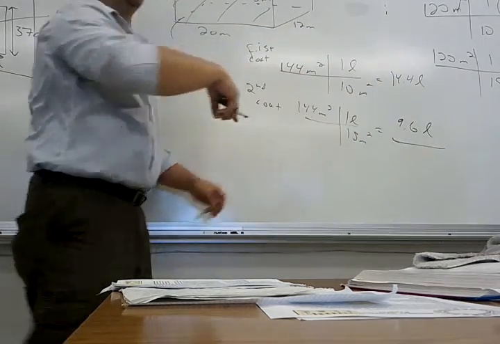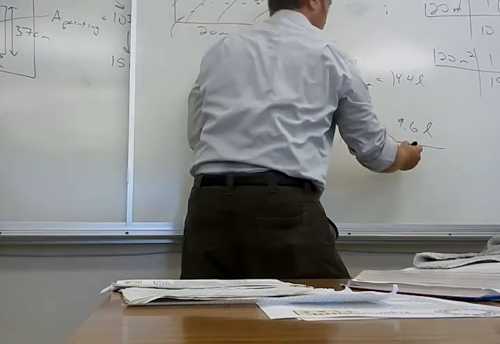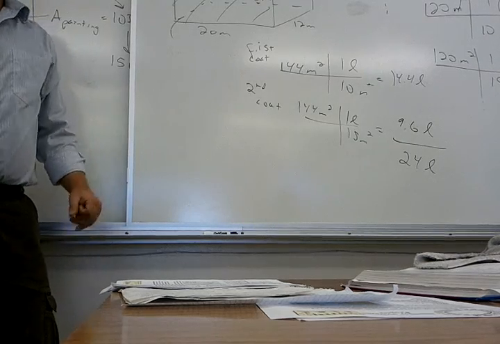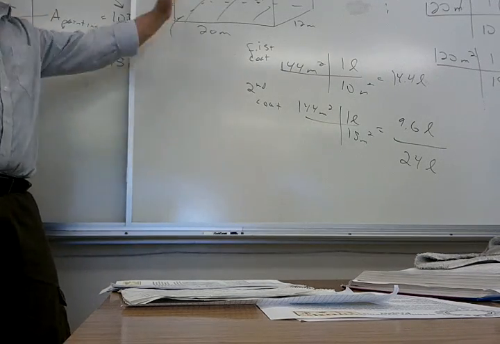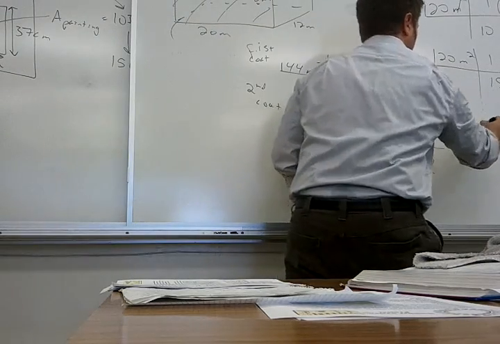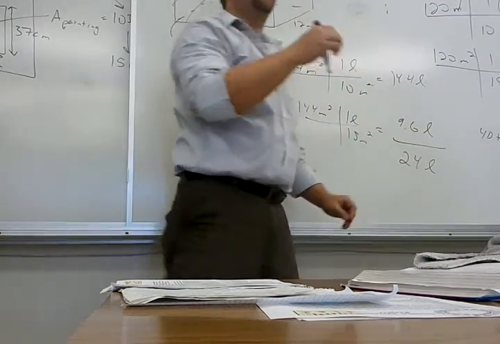So how many total liters for the side walls? 14.4 and 9.6, add those together and you get 24 liters. So how many liters total for the whole room? 40 plus 24, 64 liters for the whole room, right?